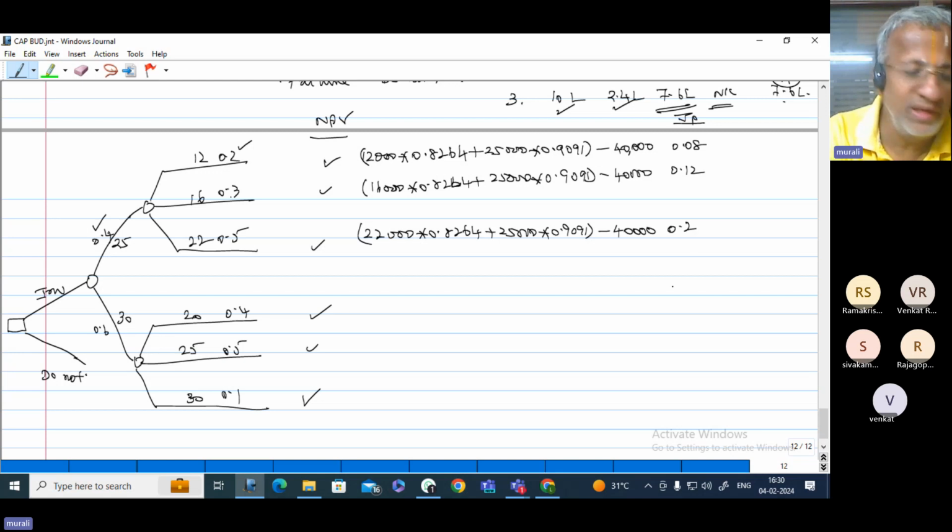Likewise, 0.6 into 0.4 is 0.24. 0.6 into 0.5 is 0.30. 0.6 into 0.1 is 0.06. The sum of that is going to be 1.